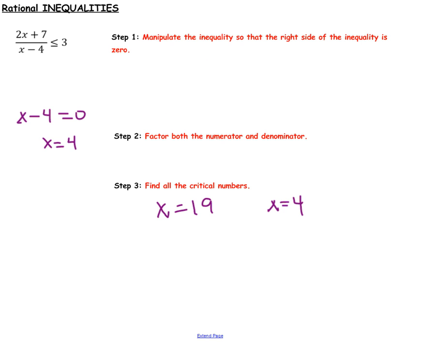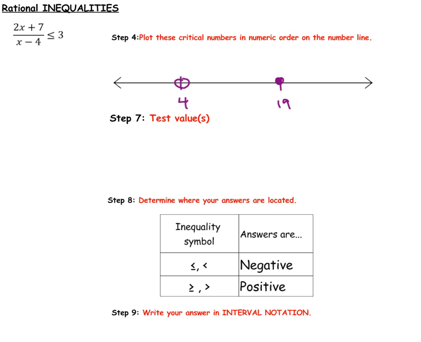Now I'm going to go back and grab that equation that I made with the 3 being a 0. So I'm going to go back to this: 2x plus 7 over x minus 4 minus 3 is less than or equal to 0.